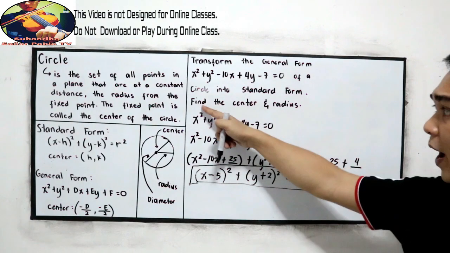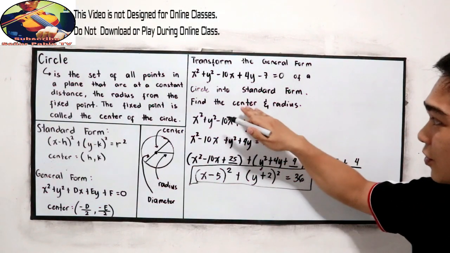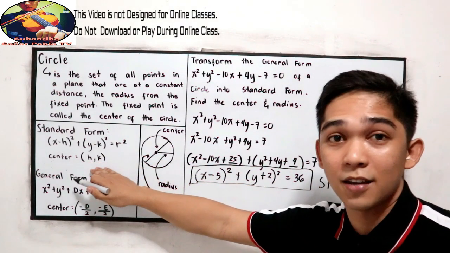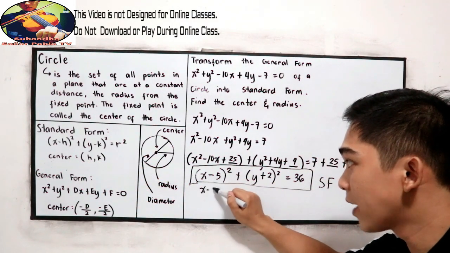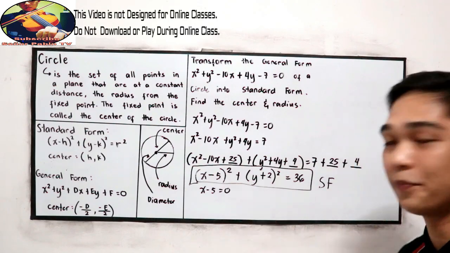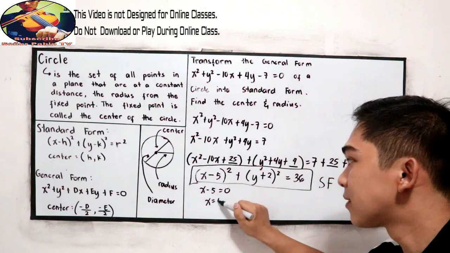Now, find the center and radius. So the center, we have the (h, k). So just get x minus 5 equated to 0. So our x is equal to positive 5.